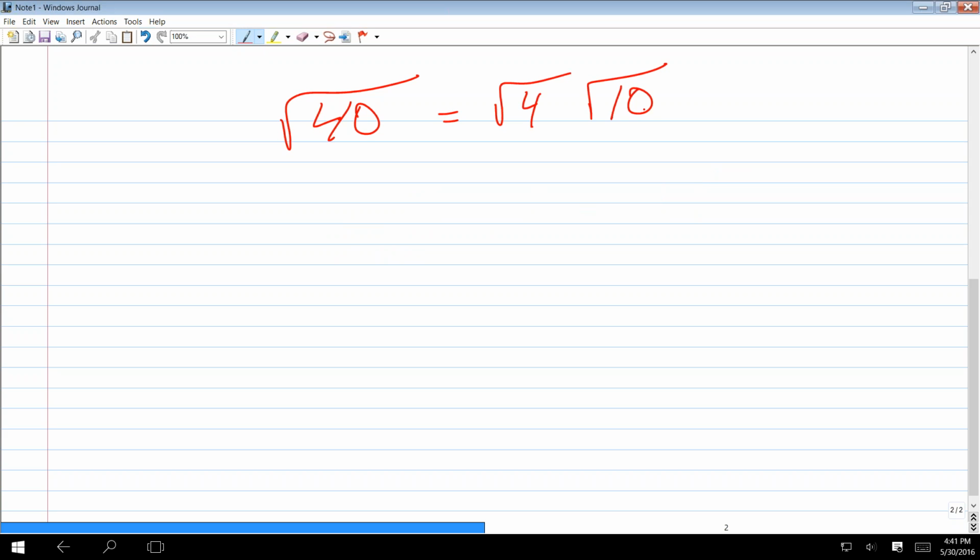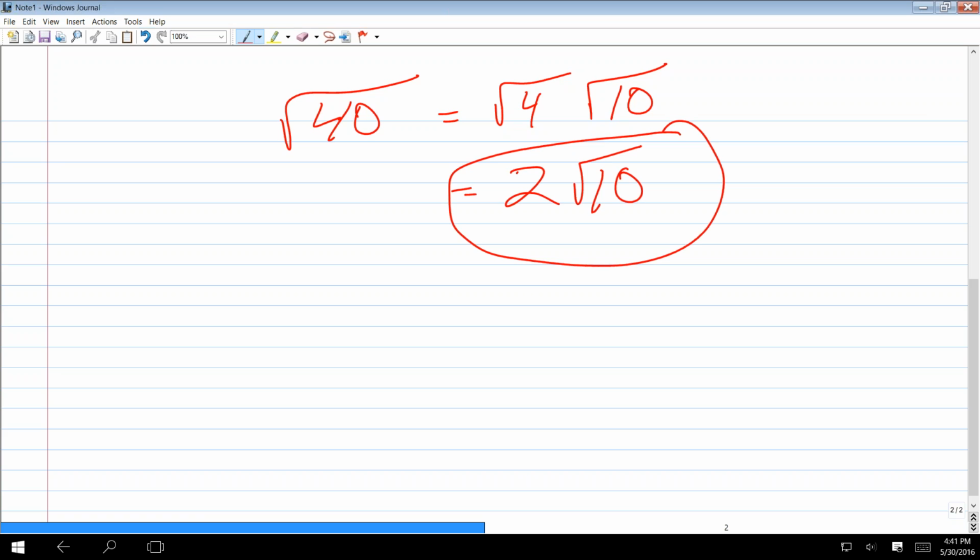The reason I broke it up into 4 and 10 is because 4 is a perfect square. In other words, I can now take the square root of 4 and that's 2. And that's the way you would always handle the square root of 40. You would never give this as an answer because it's not simplified. And simplification means pulling out a whole number if you can.